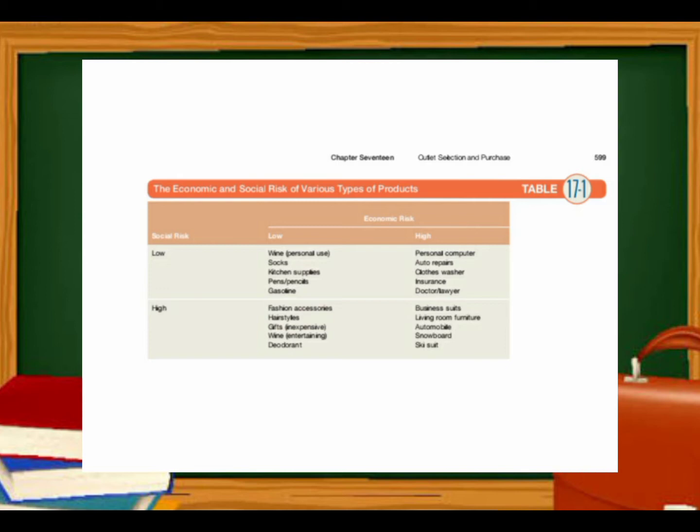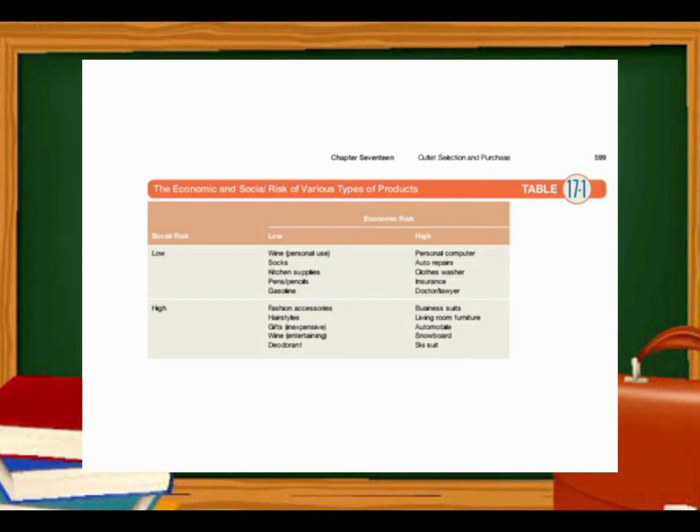Finally, automobiles and living room furniture are high in both economic and social risks. Table 17.1 also indicates the role of the situation in perceived risk. Wine is shown as low in both social and economic risk when used for personal consumption, but high in social risk when served while entertaining.